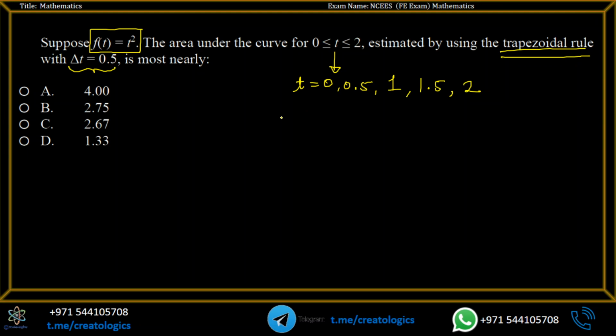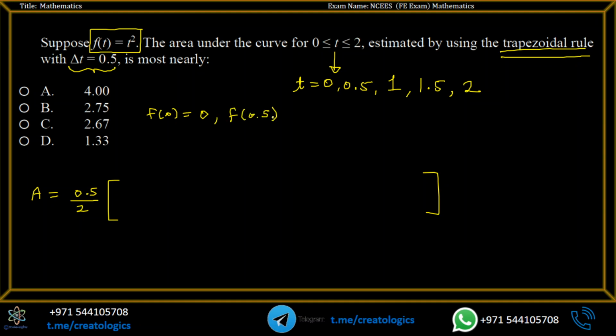Let us find the values first, then I will plug into the formula. Using that handbook formula, we have 0.5 over 2 times. Now we will have the values: f of 0, what is that? Put t equal to 0, we get 0. What is f of 0.5?